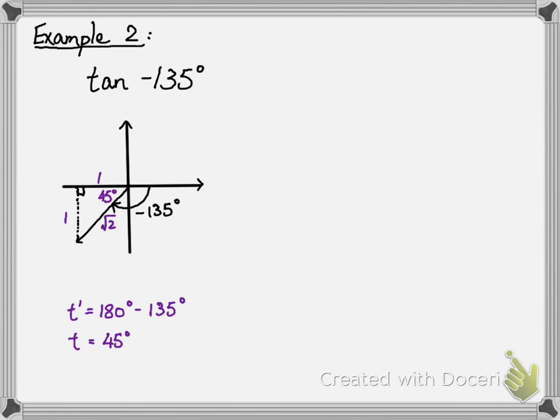Check the sign of the numbers before we draw conclusion to this problem. Both x and the y value would be negative, and therefore tangent of negative 135 degrees equals opposite side negative 1 over adjacent side negative 1. And tangent of negative 135 degrees equals positive 1.